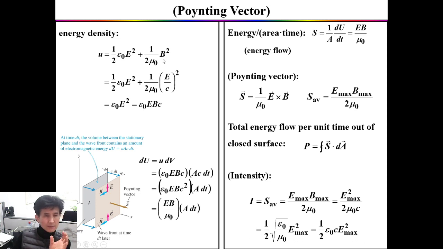For a solenoid, if there is a magnetic field within the solenoid, the energy density can be represented as 1 over 2 mu 0 B squared. So these energy densities represent the energy density of the electromagnetic wave traveling through a medium. That is the energy density, which is energy per unit volume.